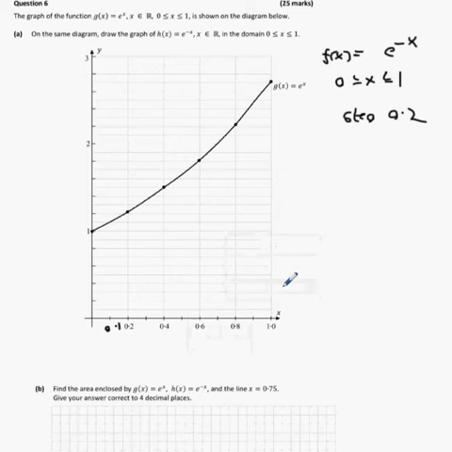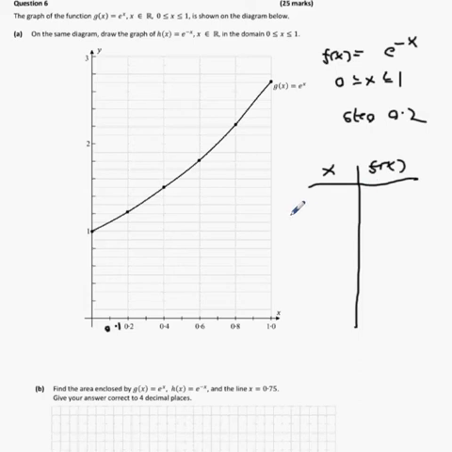Okay, we'll just make a quick table here, and then we do our x and our f of x value. Once again we use your table function, so we go 0, 0.2, 0.4, 0.6, 0.8, and 1.0.